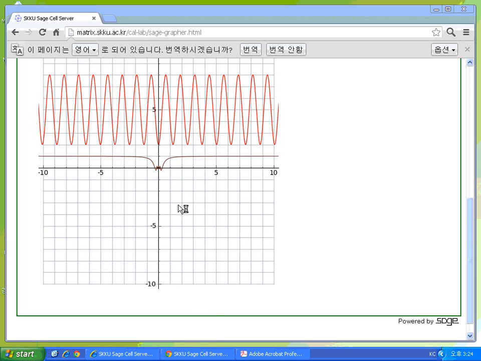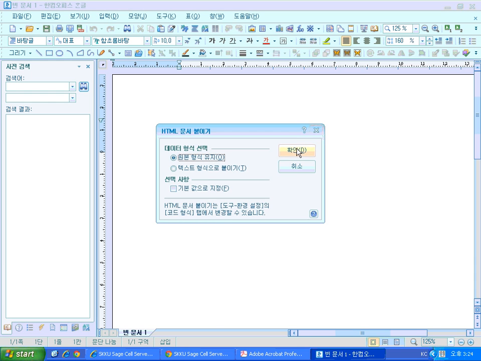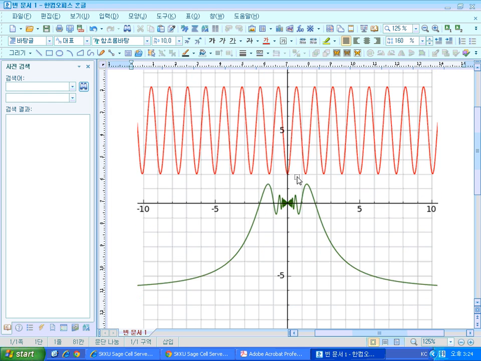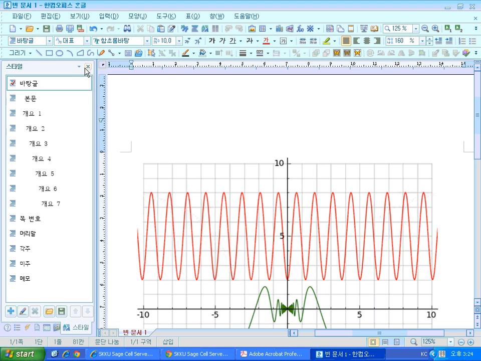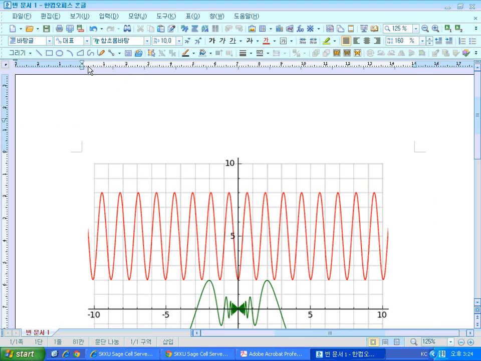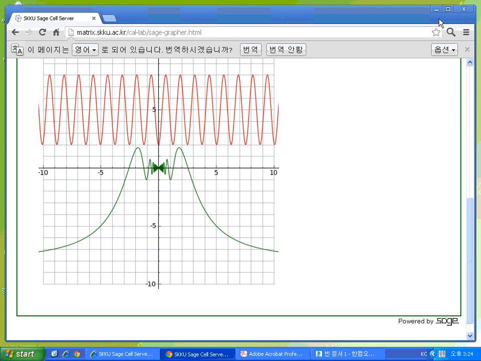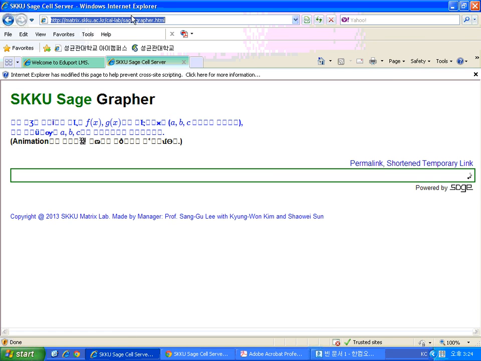You can draw the graph and animations with this, and also you can add it in your homework as an animation. So it will be the easiest way to do your homework. So from now on, you will be asked to add such an animation in your homework while you are doing it.